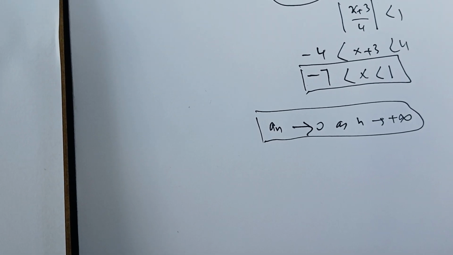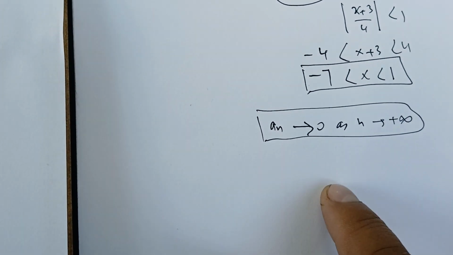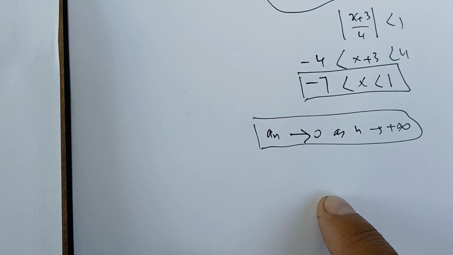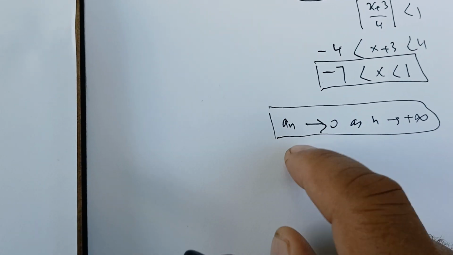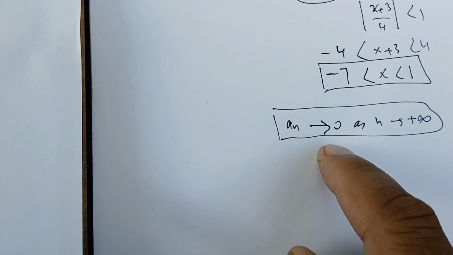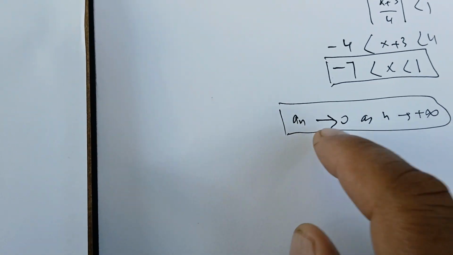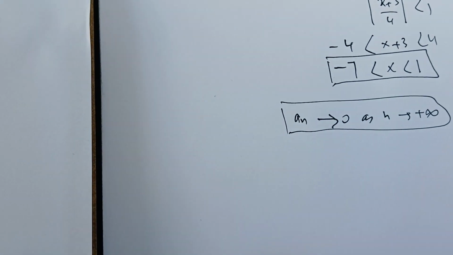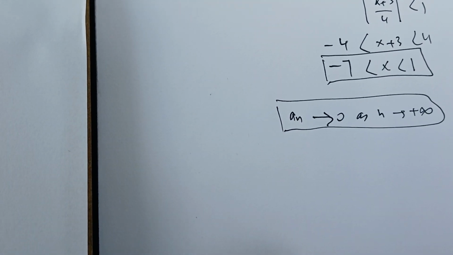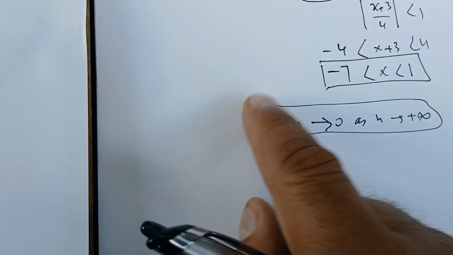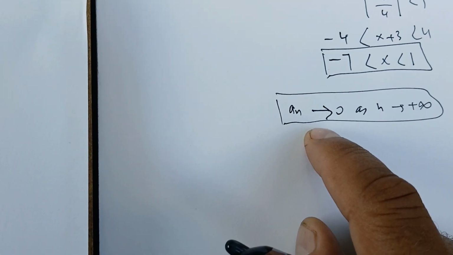When the series is convergent, we need to have this condition, but when we have this condition, it doesn't mean that the series is convergent.